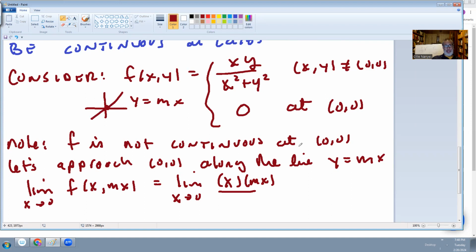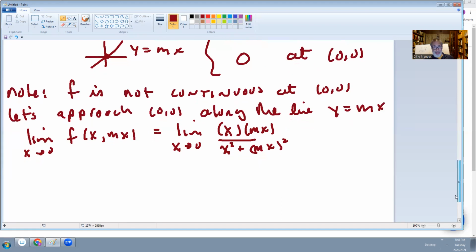and remember, what we're doing is approaching the origin along the line y equals mx. Technically, you're approaching it from both sides. Here m is positive, but it could be negative as well. The bottom, you have x squared plus m squared x squared. Then we do a little bit of algebra. We have m times x squared.